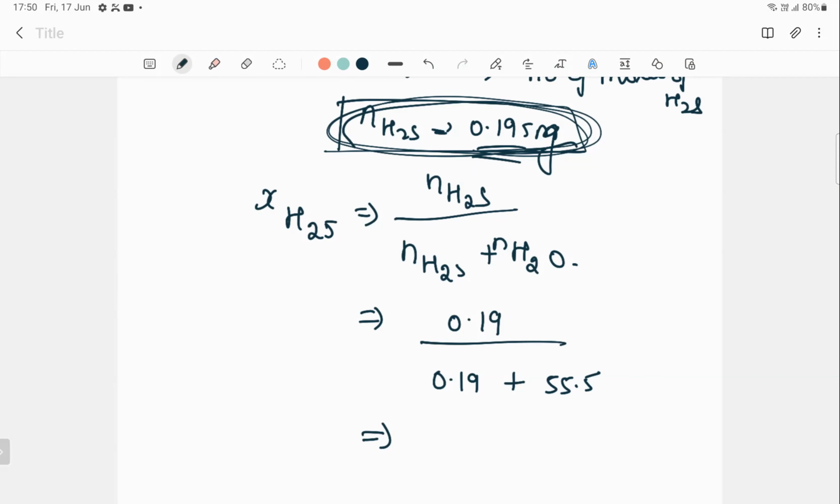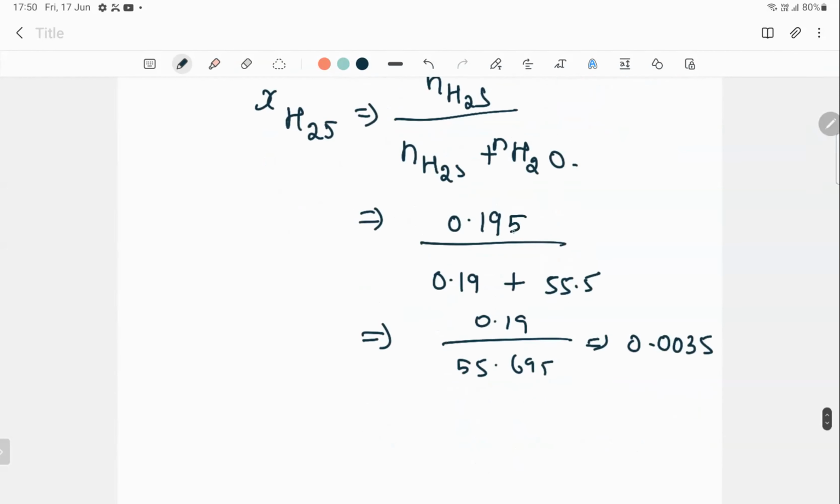I'm getting 285. What is this value? Mole fraction of your solute: 0.195 divided by 0.195 plus 55.5, that is 55.695. So 0.195 divided by 55.6 is equal to 0.0035.